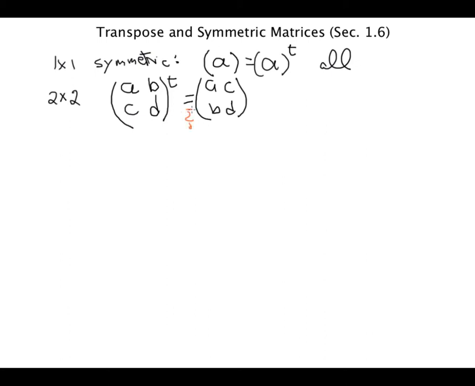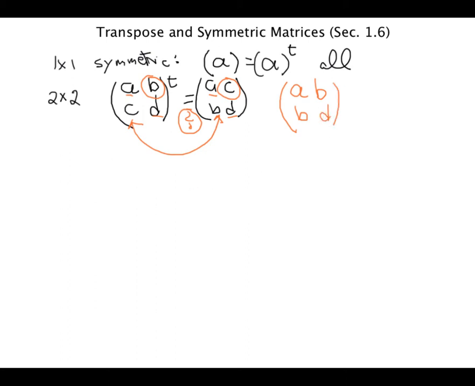And I'd like to know if these two things are equal to each other. Well, A is certainly equal to A, and D is certainly equal to D, but I'd better make sure that B is equal to C, and I also better make sure that C is equal to B. Well, that's redundant, so a 2 by 2 matrix is symmetric if and only if it's of the form A, B, B, D.